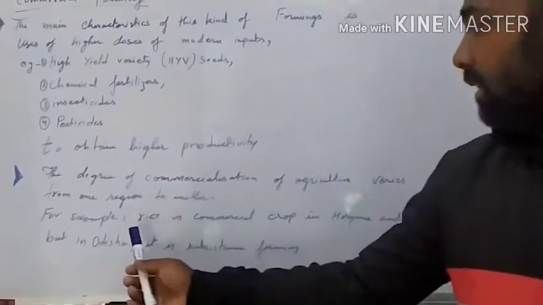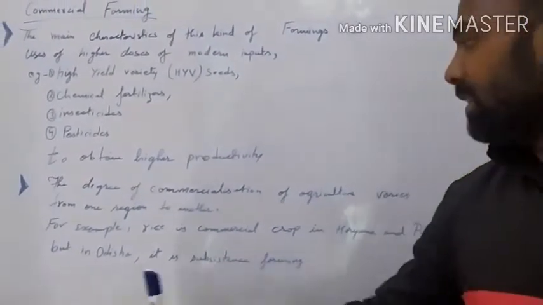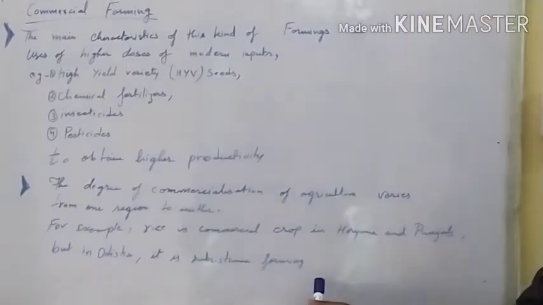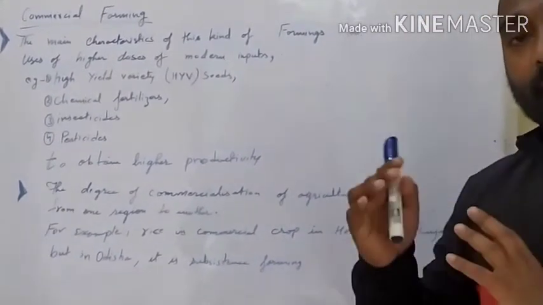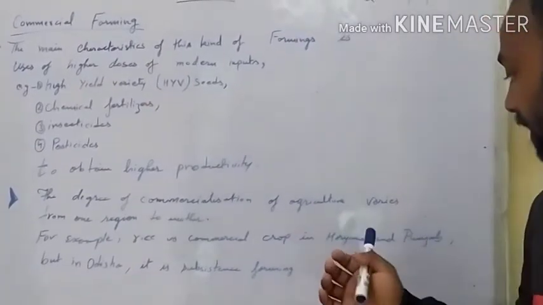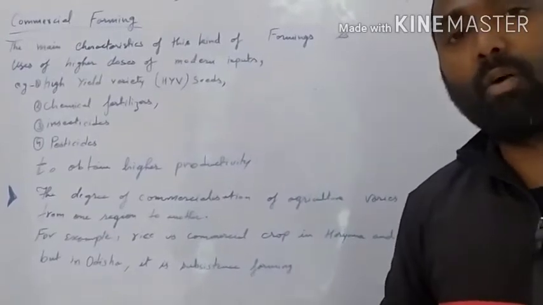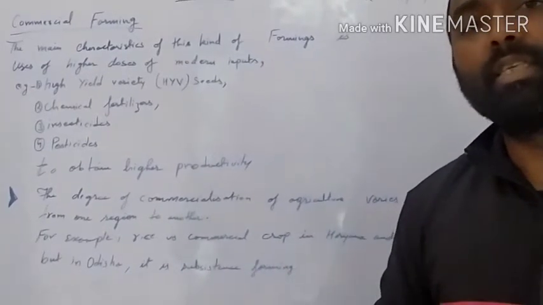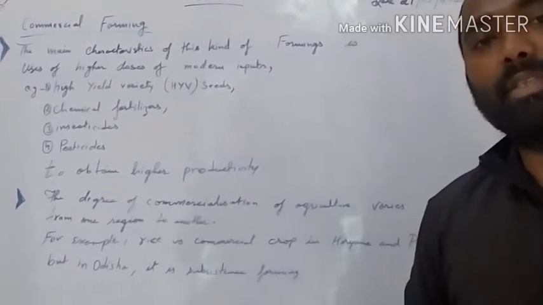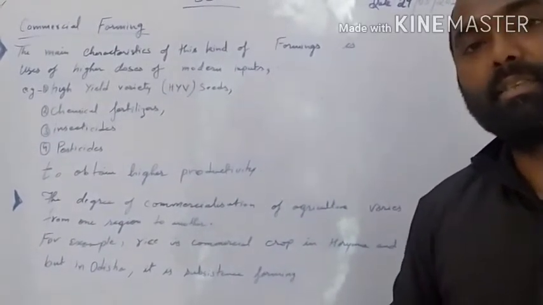For example, rice is a commercial crop of Haryana and Punjab, but in Odisha it is subsistence farming. That means the rice grown as a commercial crop in Haryana and Punjab is a subsistence crop in Odisha. Odisha does not use rice as a commercial crop.